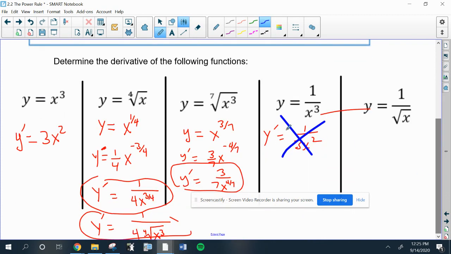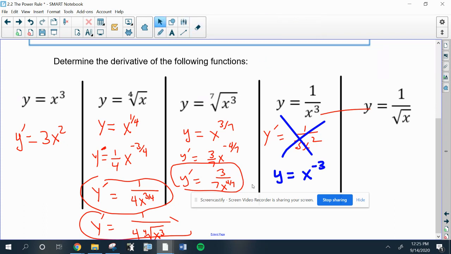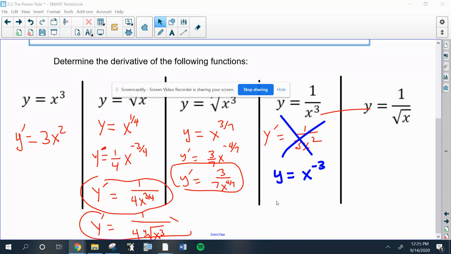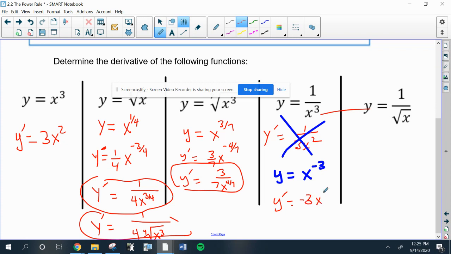So you have to make this x to a power, not 1 over x to a power. So your rewriting should come like this first. Now, you can apply the power rule. So the derivative would be negative 3 x to the negative 3 minus 1, which is negative 4, which is negative 3 over x to the positive 4.